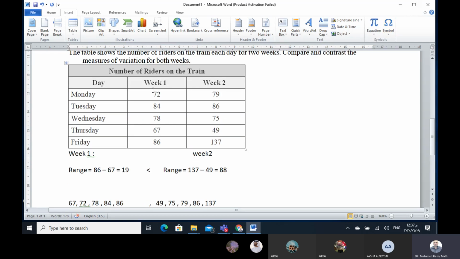Then do you have any outlier here? Compare the distance between the values. No, in week 1 no, but in week 2 yes.